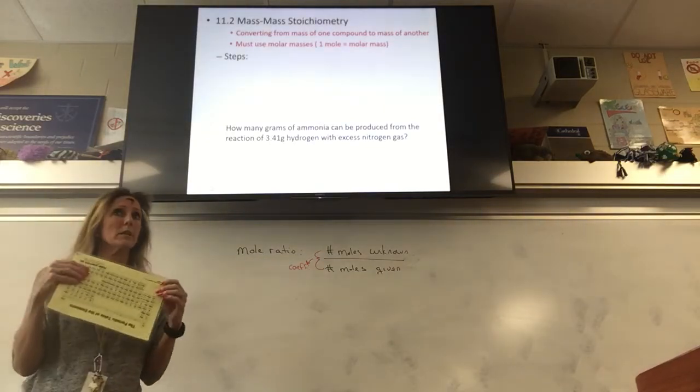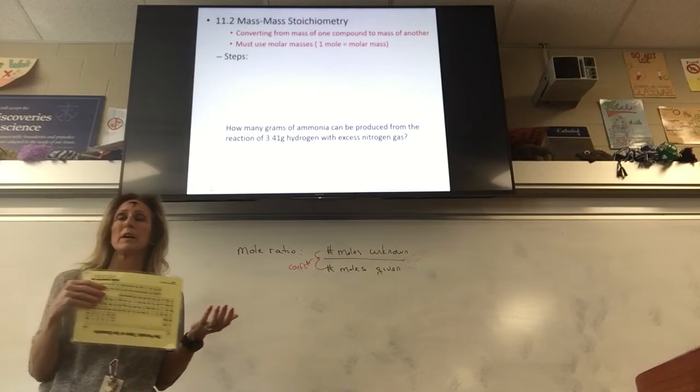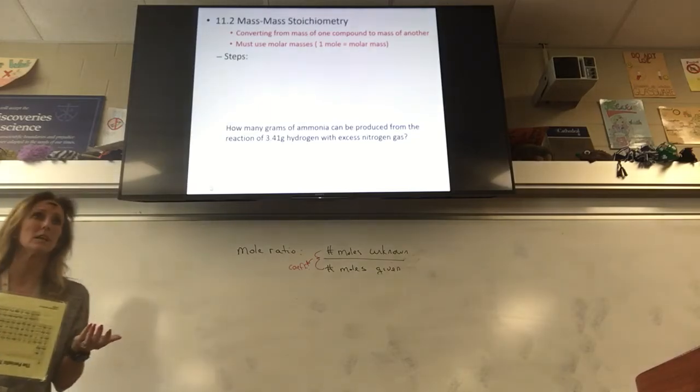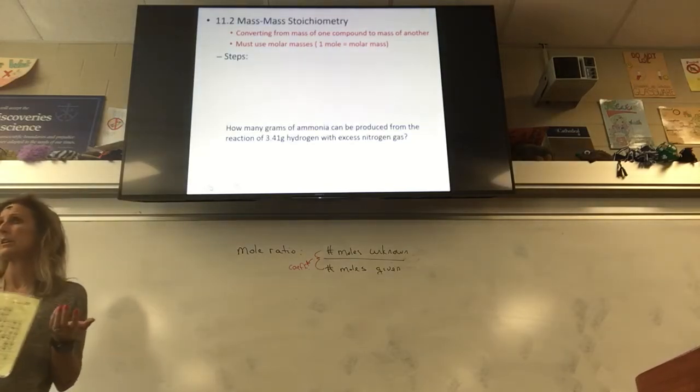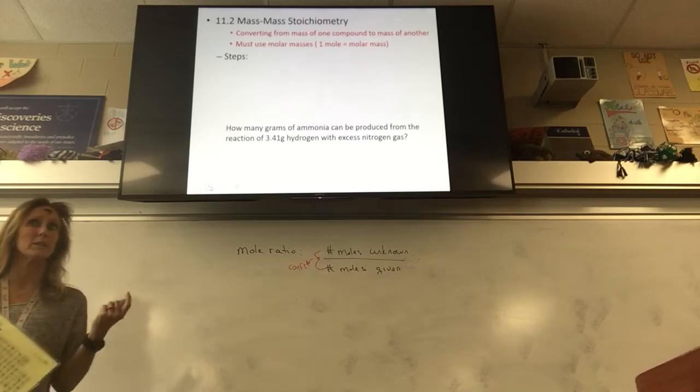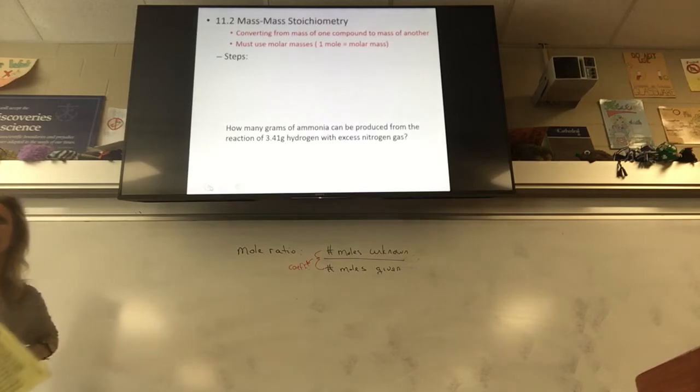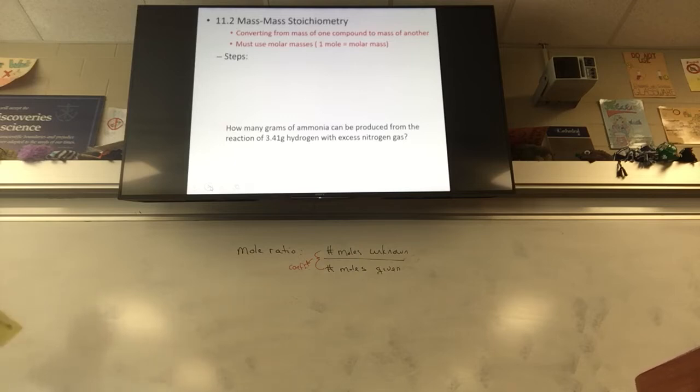And just like we did in the mole chapter, we're going to carry our molar masses out to the tenths of a gram. Anytime there's something other than a 0 in the tenth spot, make sure you include that because that will affect your answer.